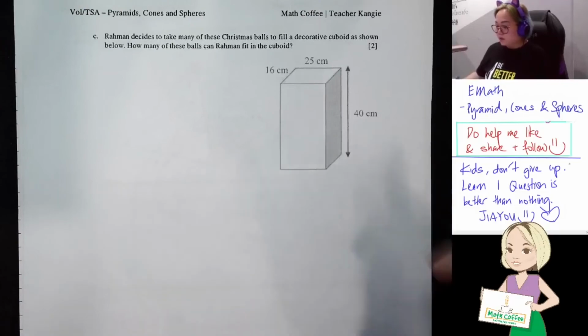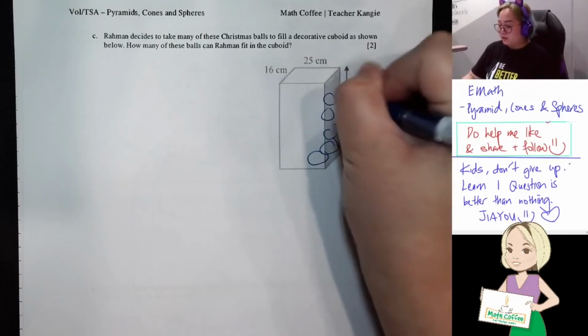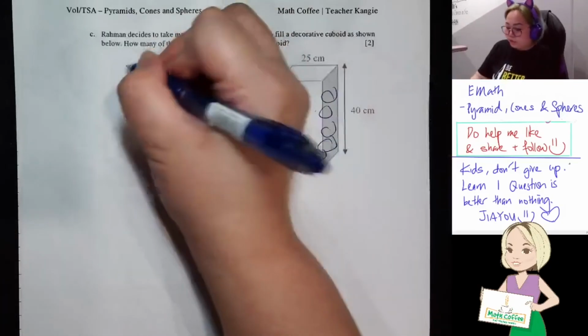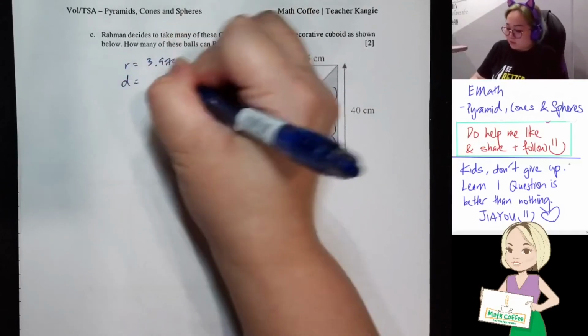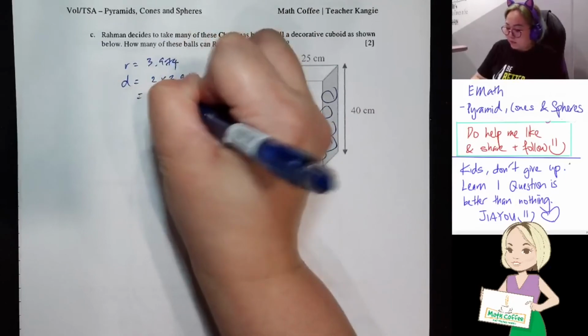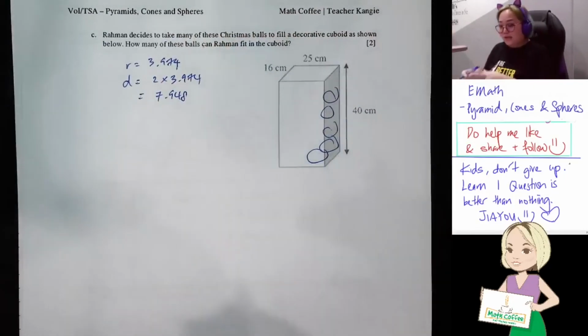So you just have to visualize a lot of balls. In this case, I will have to find out the diameter. So my radius was 3.974. My diameter will be 2 times 3.974, and that will give us 7.948. So I need to find out in all the dimensions how many balls I can put.